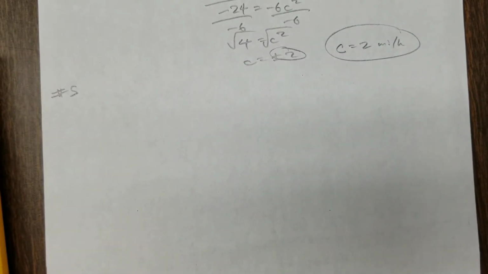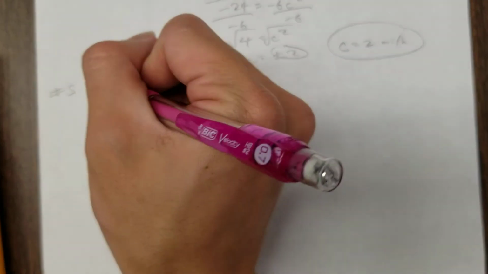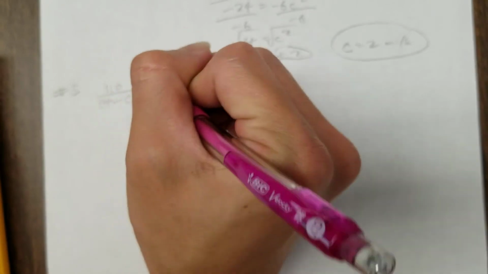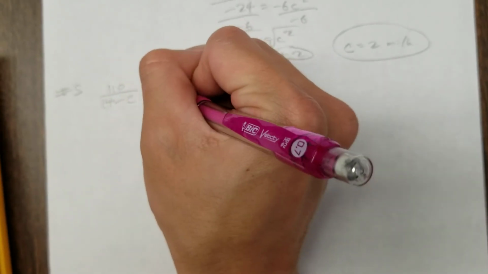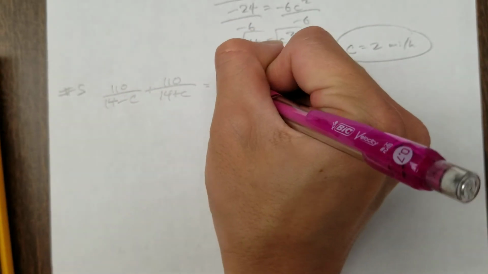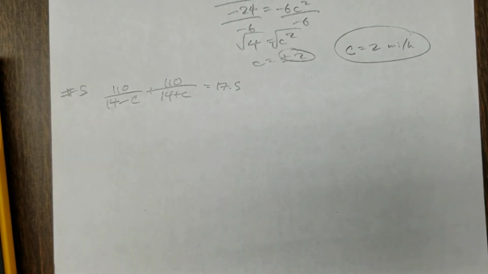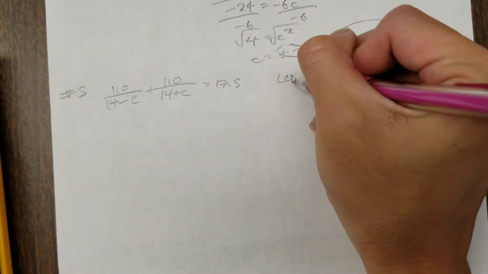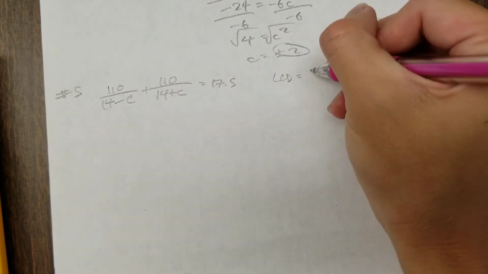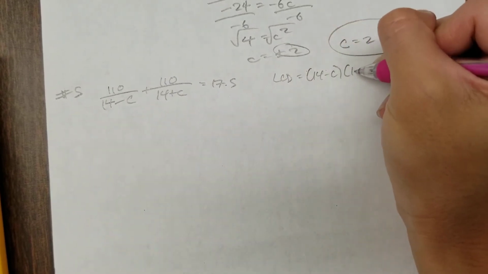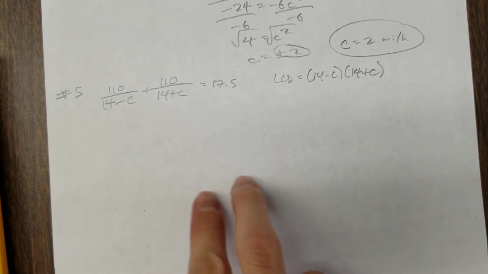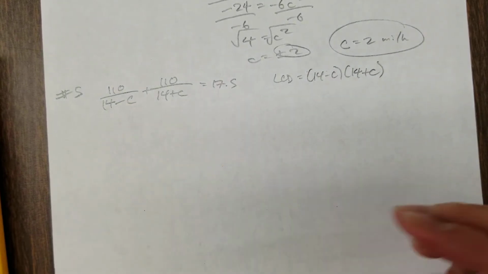Alright, so riverboat: 110 divided by (14 minus c) plus 110 divided by (14 plus c) equals 17.5. Same idea. The least common denominator is going to be (14 minus c) times (14 plus c), because we have to look at what is in common and what is missing.